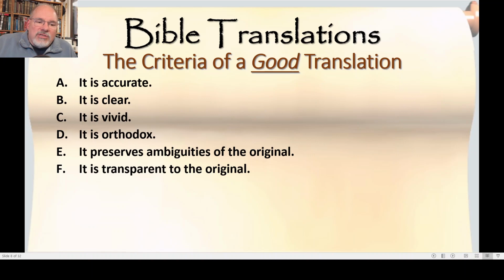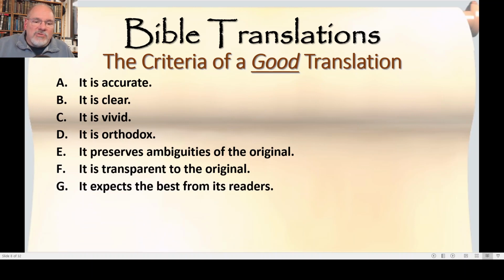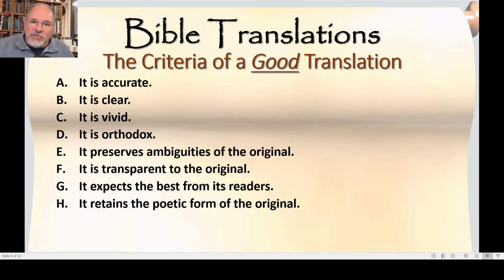a good translation is transparent to the original. In other words, if you could read Greek and then read English, you could see that there's a transparency. There's nothing that's different, right? It expects the best from its readers, that the readers will put in effort. It retains the poetic form of the original. If the original has some aspect of poetic form, then it keeps that. It doesn't change it, doesn't interpret it.